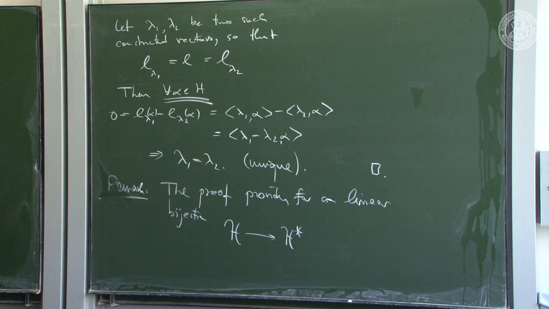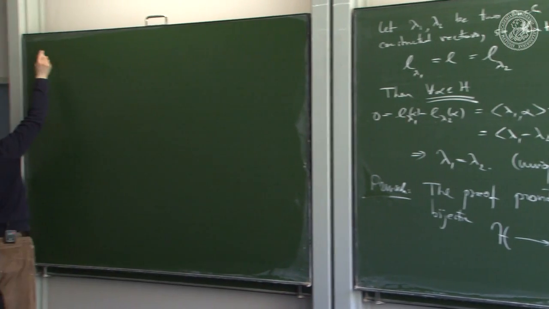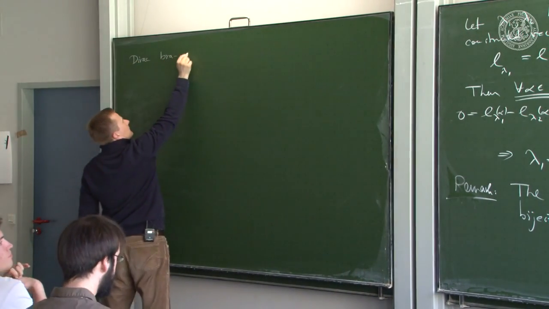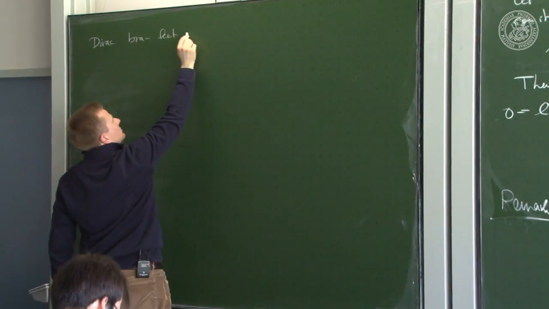So it's a way to think about the H dual of Hilbert spaces that seems to avoid having to understand the H star properly like we did. We did a long time ago, right? So, Dirac bra-ket notation.